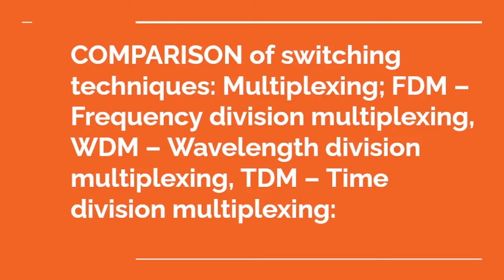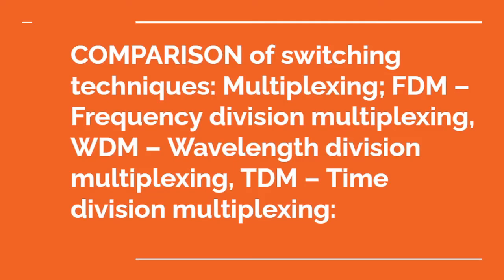Advantages of TDM. Number one, it uses a single link. Second, it does not require precise carrier matching at both ends of the link. Third, use of the channel capacity is high. Fourth, it is easy to expand the number of users on a system at low cost.